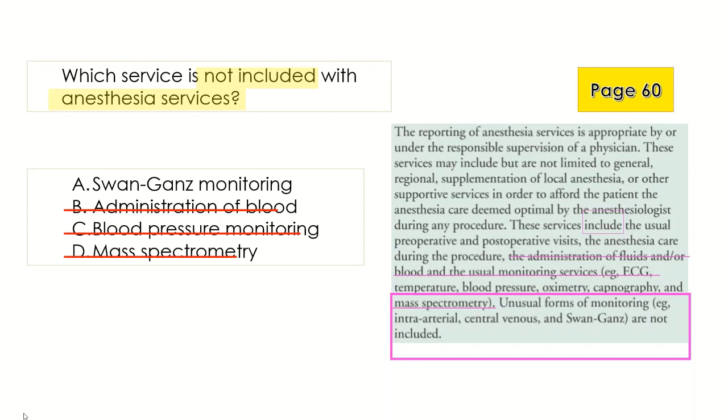I see some people weren't sure. So let me tell you, Swan-Ganz monitoring is something they do for very, very ill patients. It's also called a pulmonary artery catheterization. Basically, they put a really small tube into the usually right side of the heart, and it monitors the heart's function and blood flows and pressures.